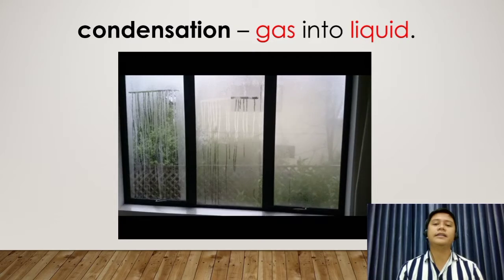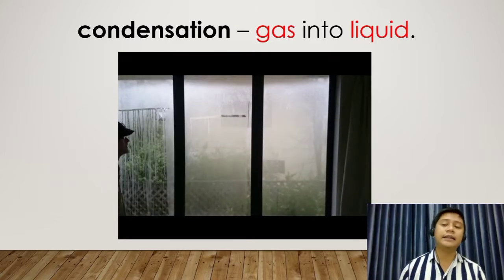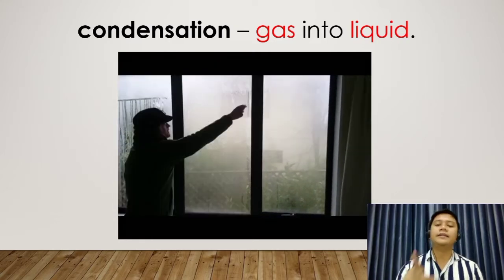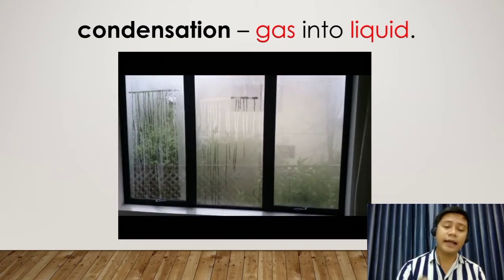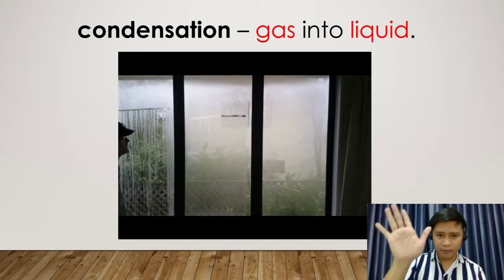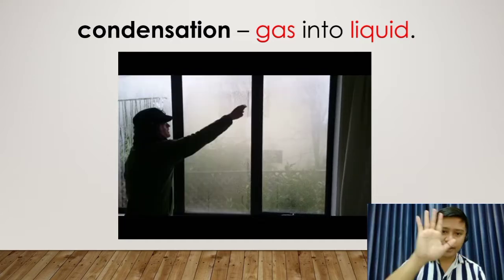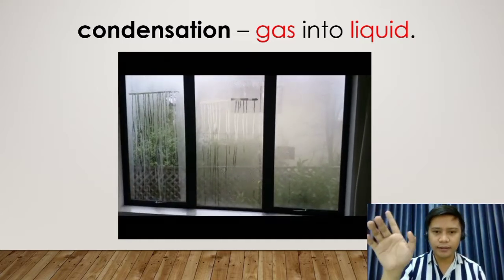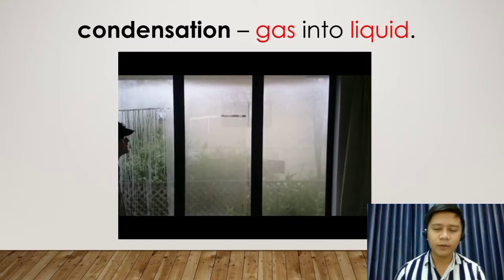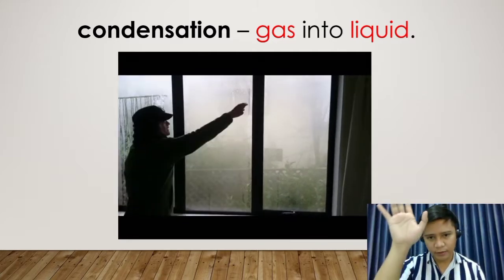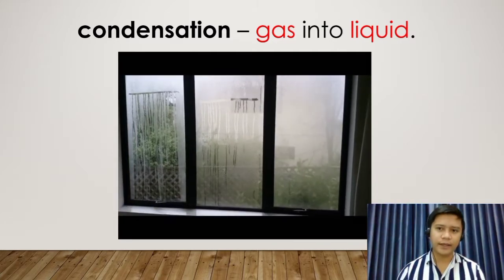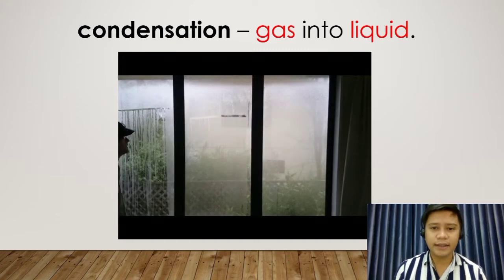Very good. Condensation is gas into liquid. That is the best example. As you can see, the gas is the moisture in the window, and the lady will try to wipe it, and the water will flow down the window. That's what we call condensation.